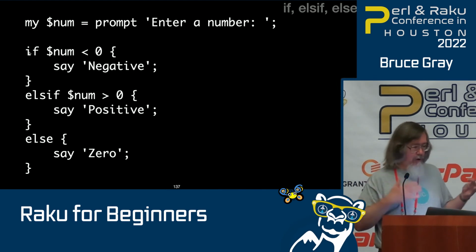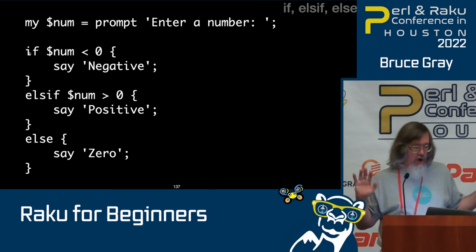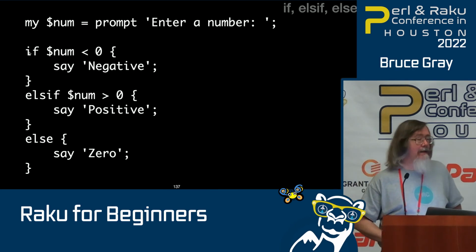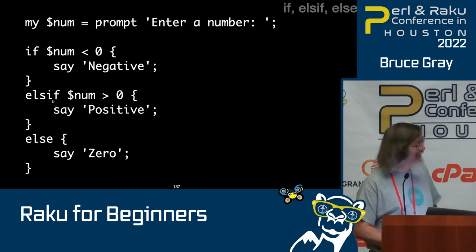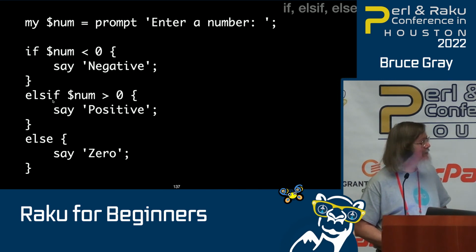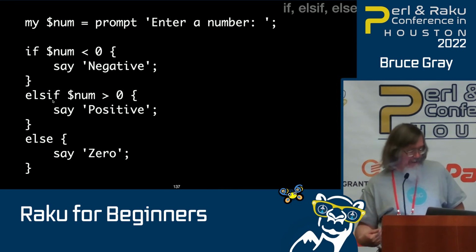When they're thinking about it in Perl, they don't want to see unless ever. And as a nod for that, while we had the option to make unless and else unless in Raku, we did not. But you can say unless else.